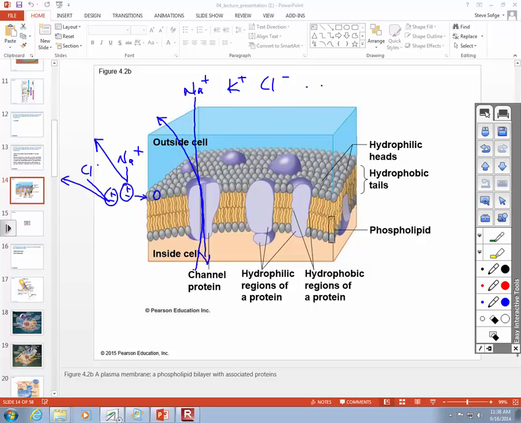We have to make sure our electrolytes, which are your charged elements, ions, potassium, magnesium, and the whole list goes on, are moving. We have to maintain our electrolyte balance.